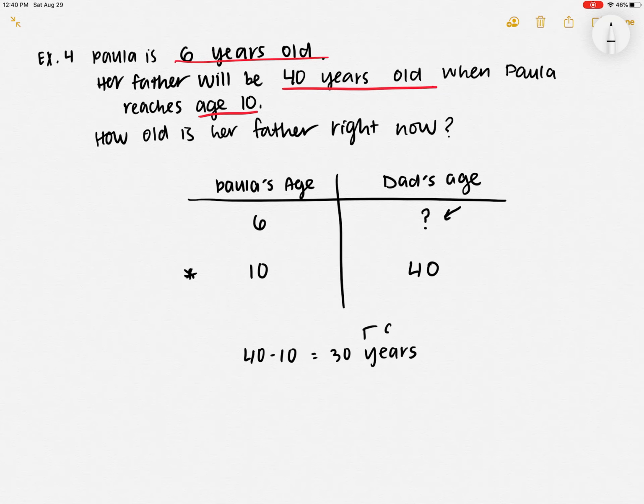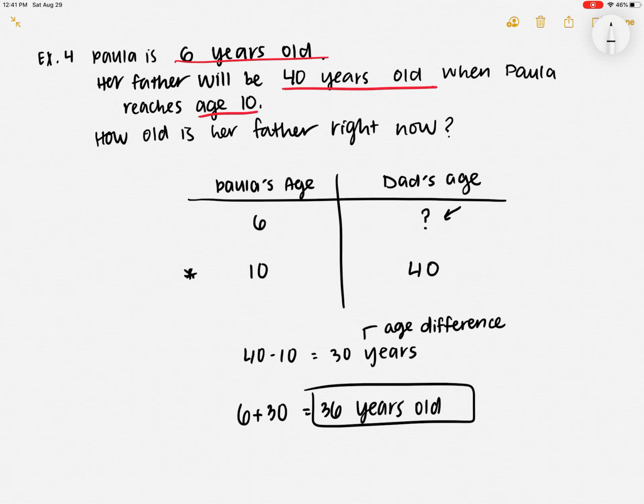And this refers to the age difference between the two of them. So if Paula's dad is 30 years older than Paula when she is 10 years old, he will still be 30 years older when she's 6 years old. So to find out his age when she's 6, you just add 30 to 6, which gives you 36 years old. And that is his age right now.